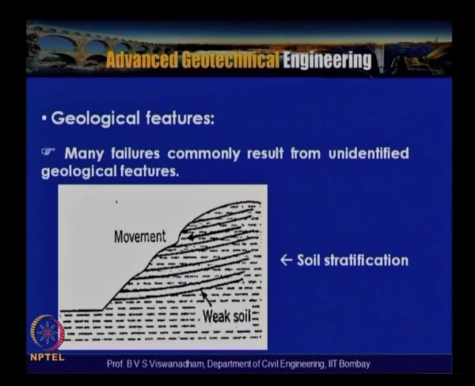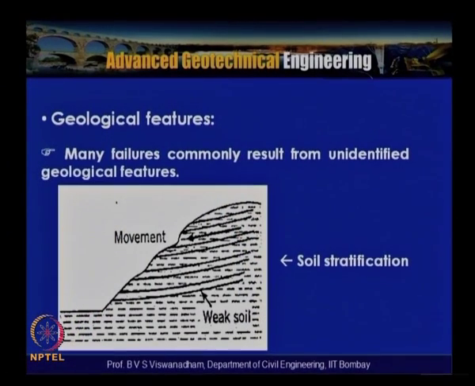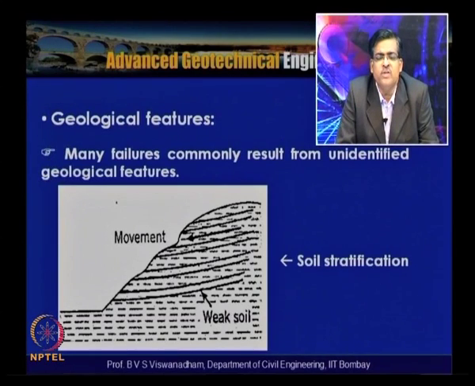Another cause of failure we discussed is geological features, and many failures commonly result from unidentified geological features. That means if you are designing a slope, an appropriate soil investigation is required up to the depth which influences the construction.